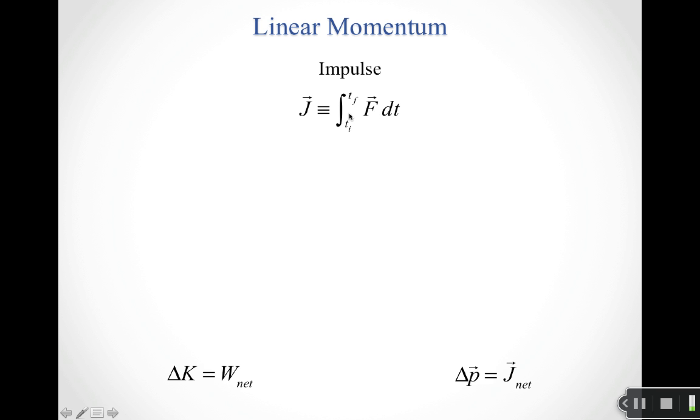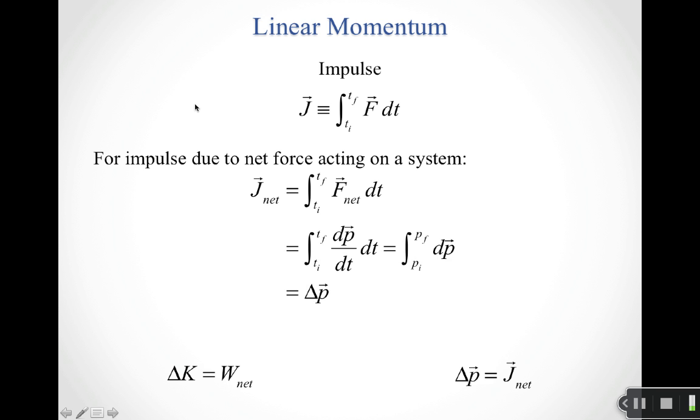So if I've got a variable force, fine, I just need to integrate over a variable force. If I've got a constant force, then I can pull it out, and I'm left with F dt. But either way, that's telling me what the impulse is.